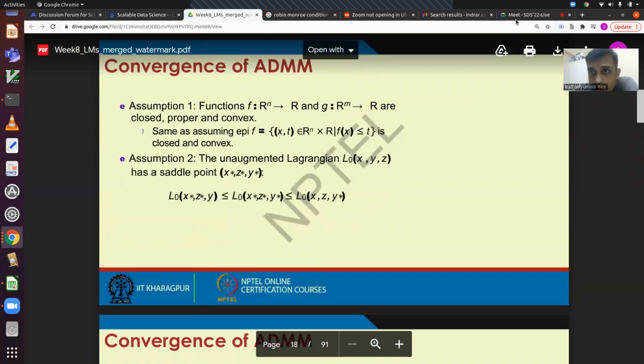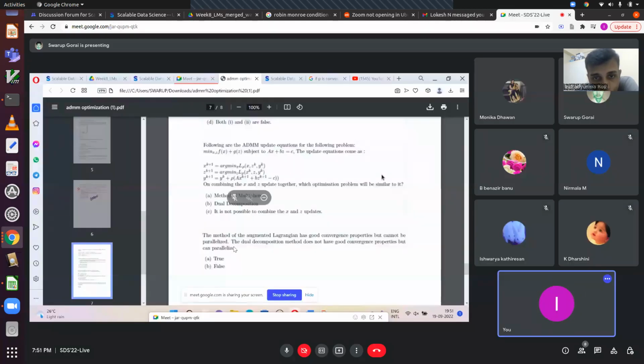What is the second part of the statement? Dual decomposition method does not have good convergence properties, but can be parallelized. The dual decomposition does not have good convergence properties because we saw that the unique minimum thing is not there. Strict convexity is not maintained necessarily.